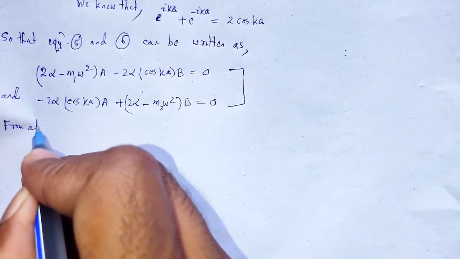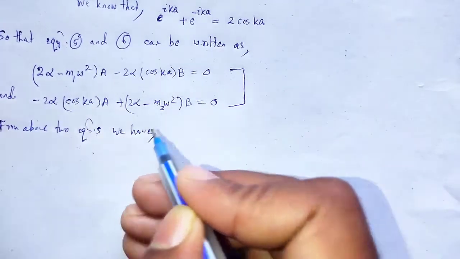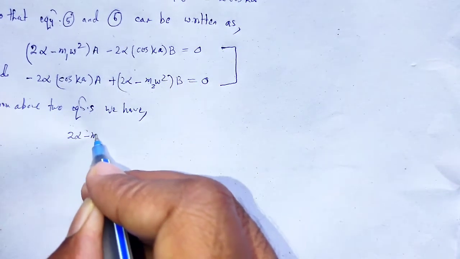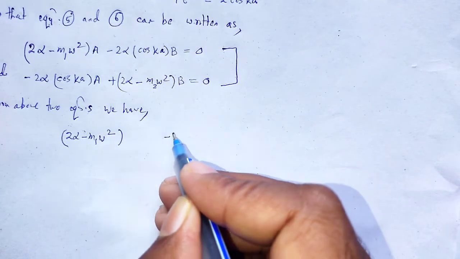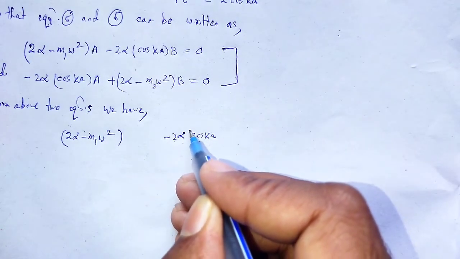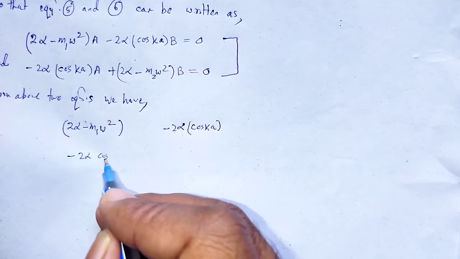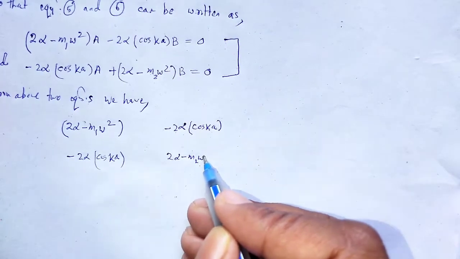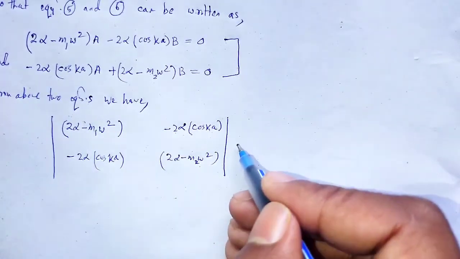From the above two equations, we have the determinant: 2 alpha minus m1 omega square, minus 2 alpha cos ka; minus 2 alpha cos ka, 2 alpha minus m2 omega square, with the determinant equal to 0.